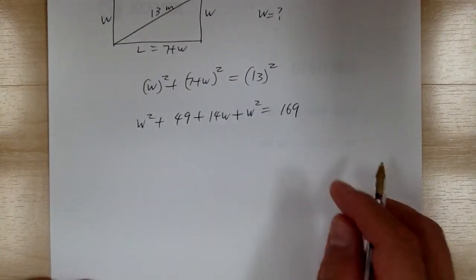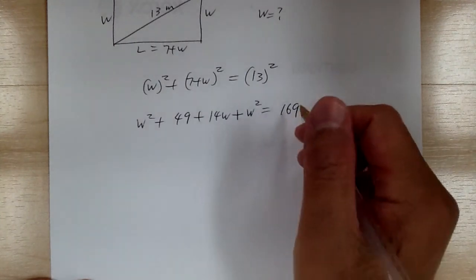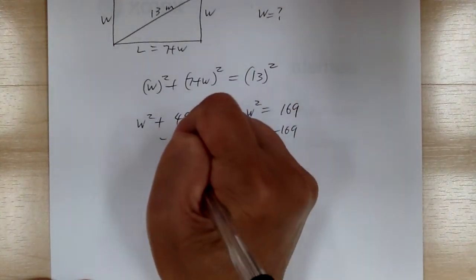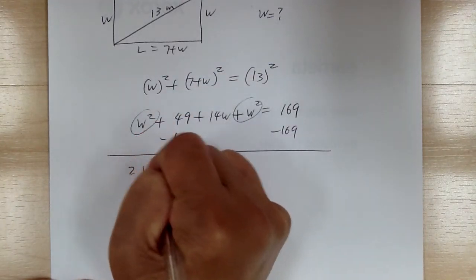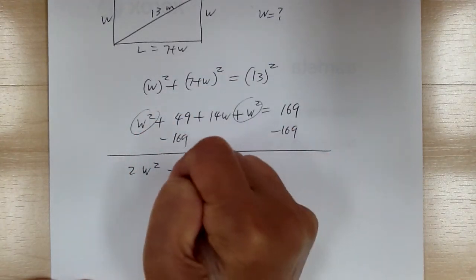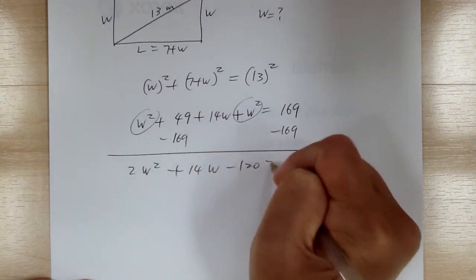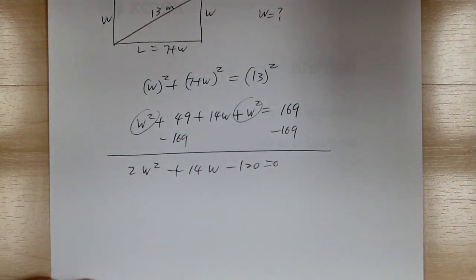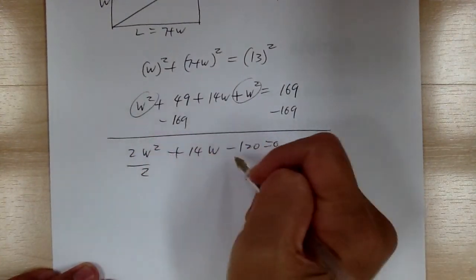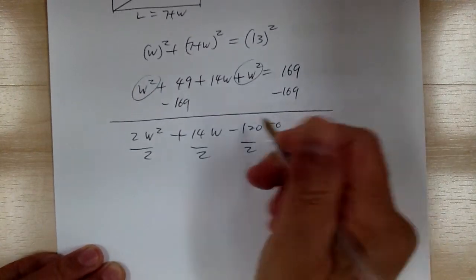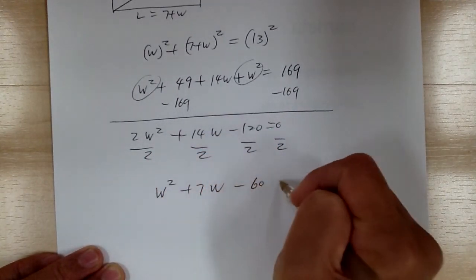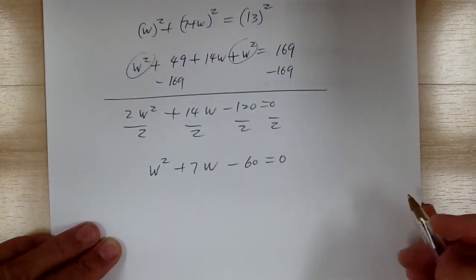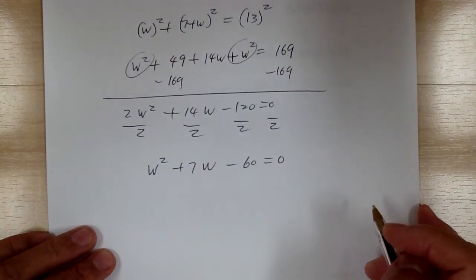So go ahead and make it equal to 0. Combine the like terms, so you get 2w squared plus 14w minus 120 equals 0. Dividing by 2, you get w squared plus 7w minus 60 equals 0.